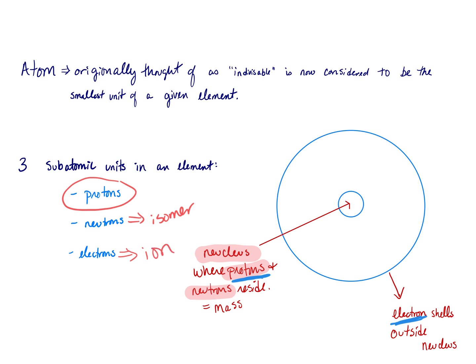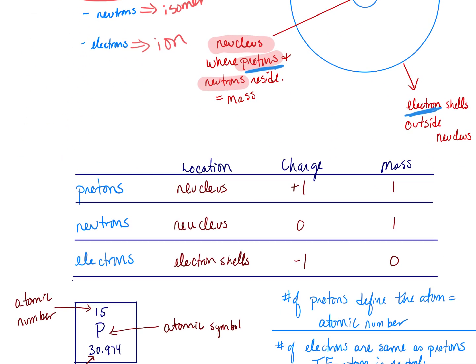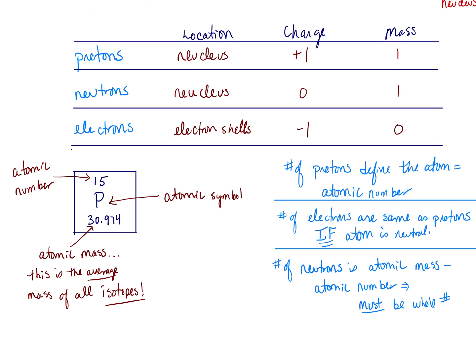And so we can change the number of neutrons, we can change the number of electrons, but what defines the element is its number of protons. And that's something to sort of keep in mind as we move forward. Okay? So let's look at another little chart that I made here.